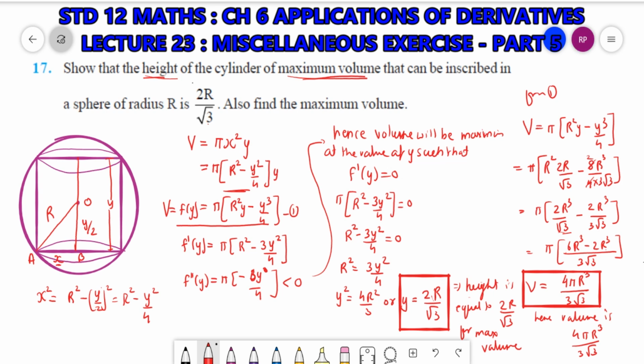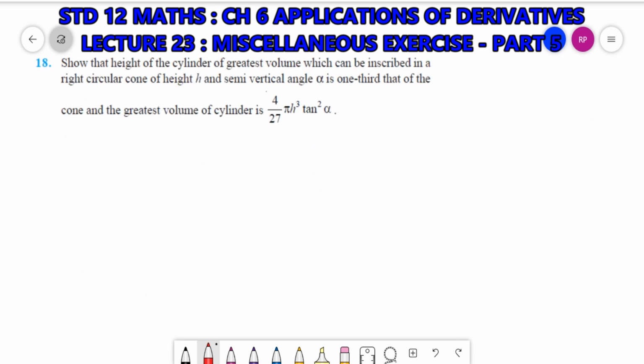Now let's move to the next question. Question number 18. Show that the height of the cylinder of greatest volume which can be inscribed in a right circular cone of height h and semi-vertical angle alpha is one third that of the cone.